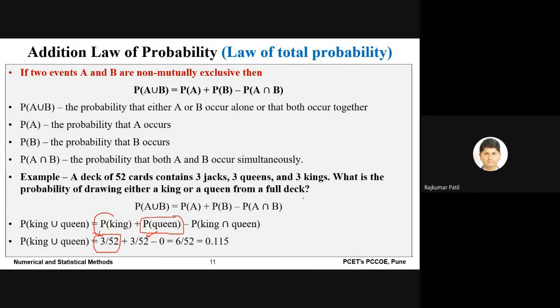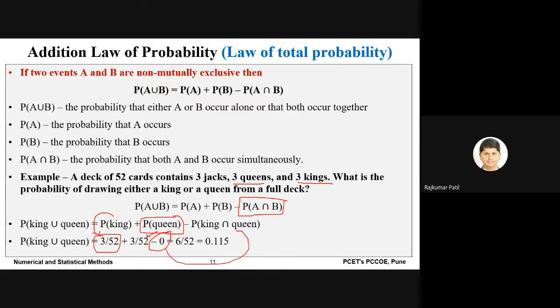And what about the joint probability? When we talk about the joint probability, we can say that when we draw a card, we are drawing only one card, so it will be either a queen or a king or any other card. So it is not possible that a single card will have both king and queen. So this joint probability will be 0.